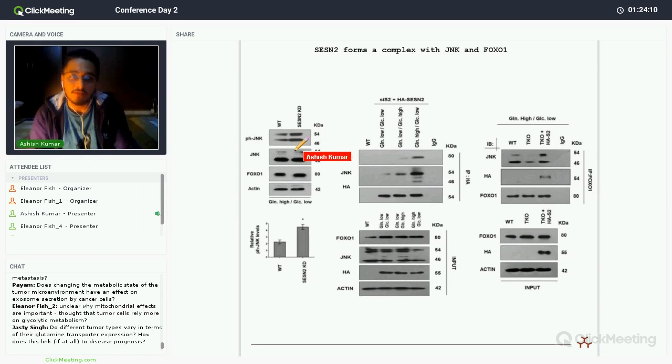Specifically under these glutamine high and glucose low conditions, Sestrin2 forms a complex with JNK1 and FOXO1, and this complex was inhibited in the triple knockout, while reintroduction of Sestrin2 specifically was able to restore this interaction of JNK with FOXO1.